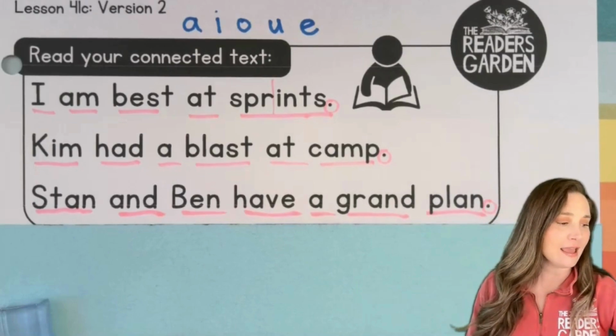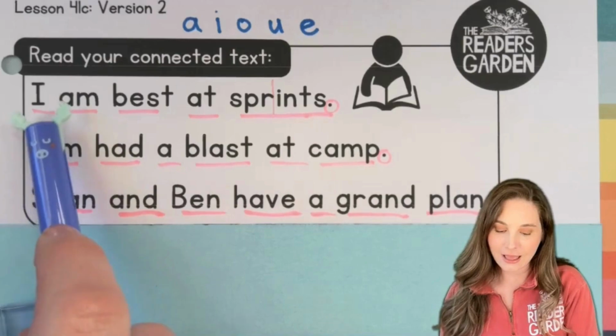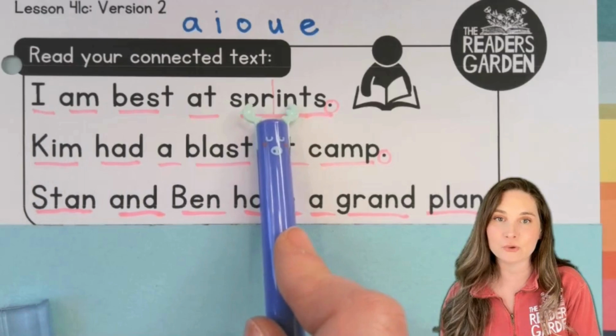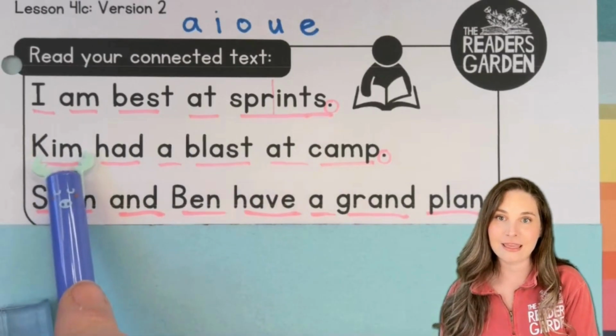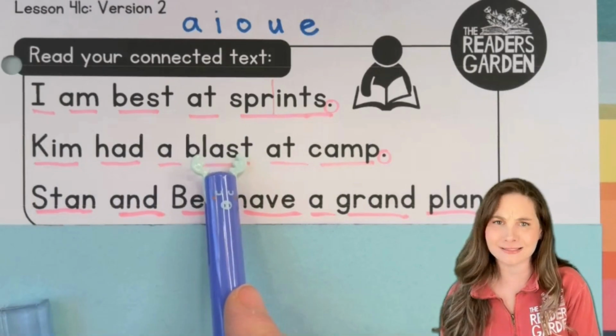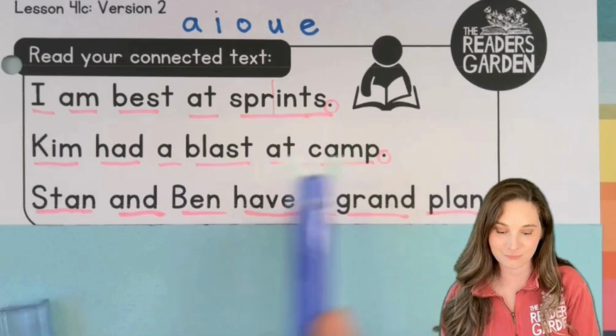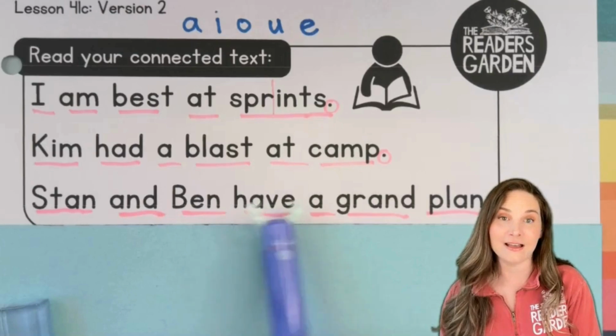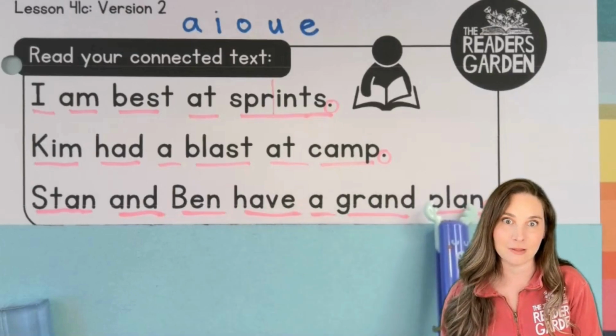Now let's read everything here. I am best at sprints. Kim had a blast at camp. Stan and Ben have a grand plan.